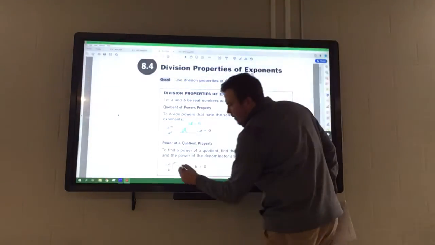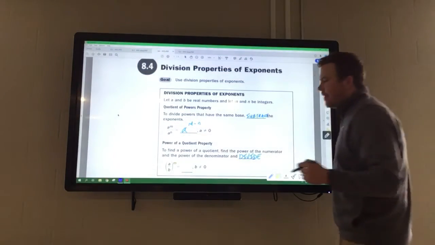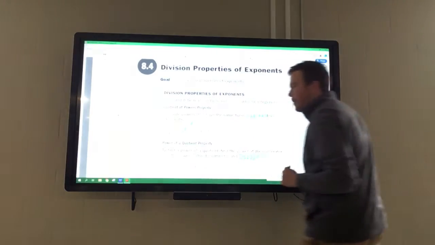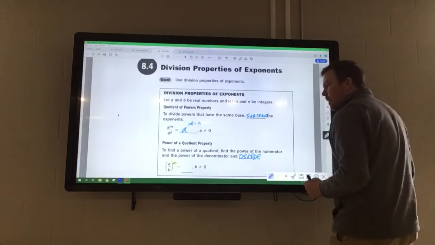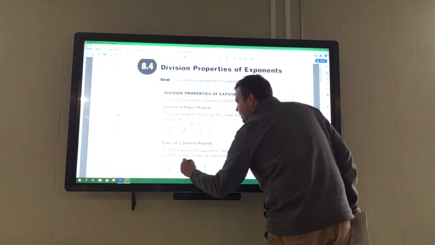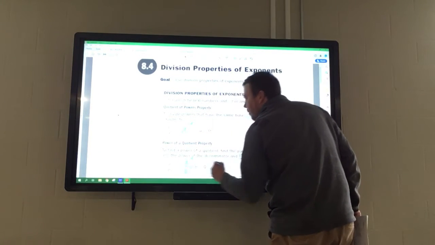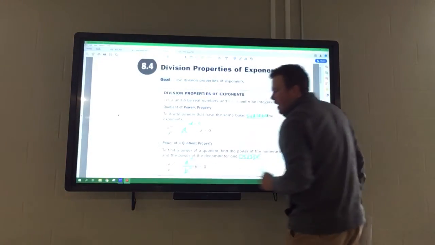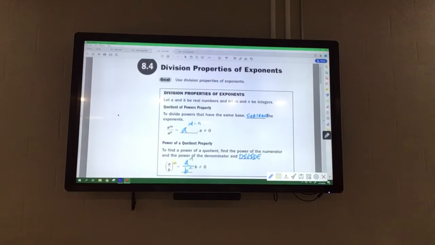If we're raising a fraction to some power, we need to apply that power to the numerator and to the denominator. So if we have a over b to the power of m, we rewrite that as a to the power of m over b to the power of m. All right, so we applied that exponent to both the numerator and the denominator.